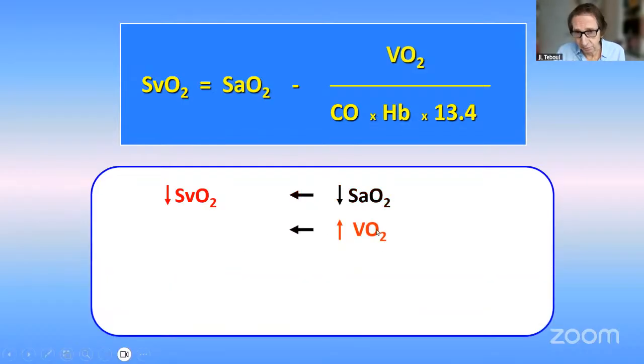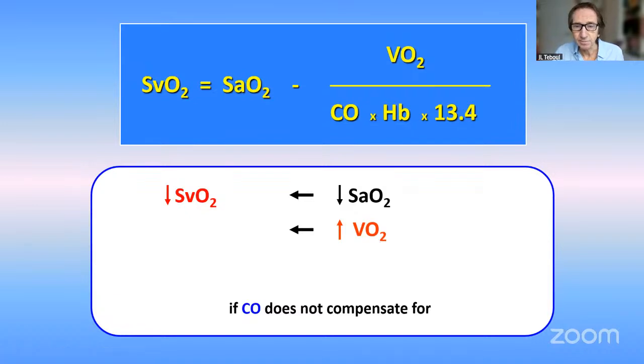Another possibility to have a decrease in SVO2 is an increase in oxygen consumption, but again, if cardiac output does not compensate for this increase in VO2. And this can happen, for example, in case of very sustained exercise.